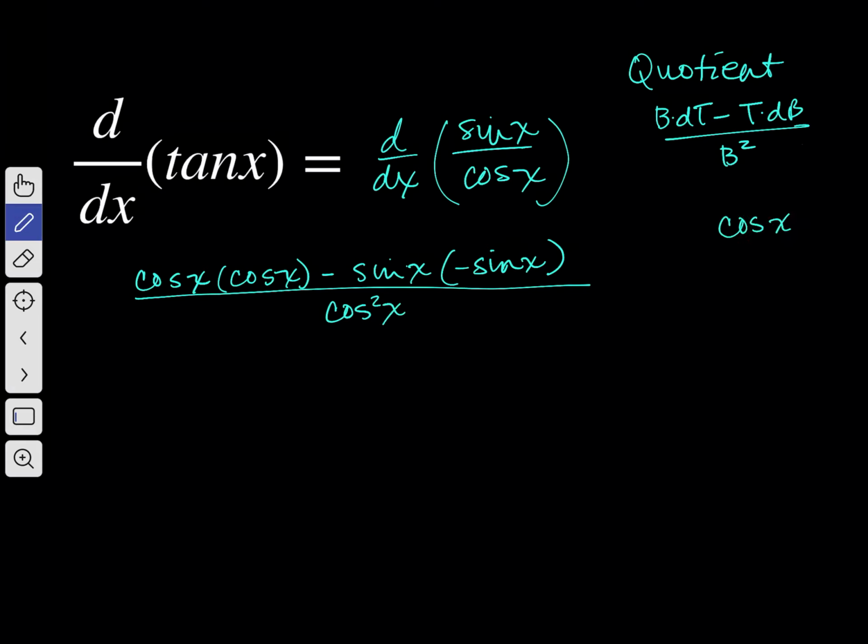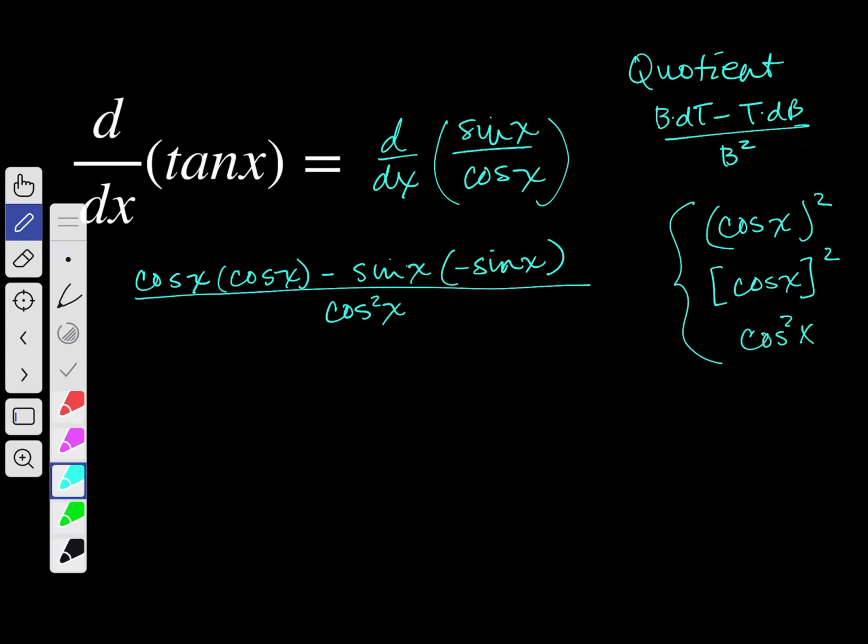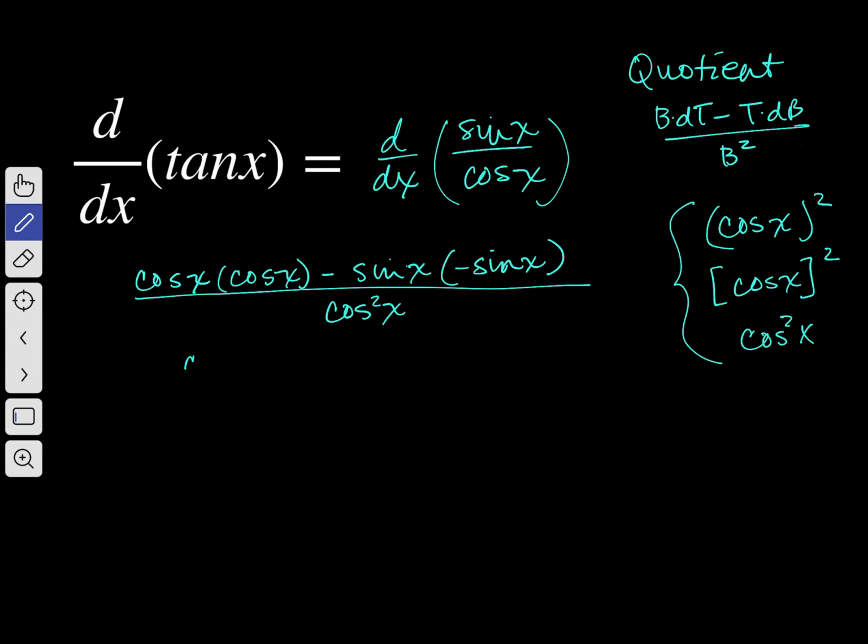When you square this, all of these are equivalent. So just know that when you're squaring cosine, usually you'll see the exponent right here, but that's what you're doing. You're squaring cosine.